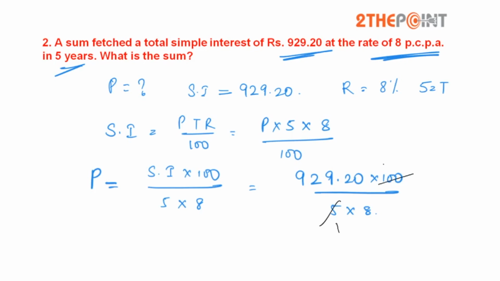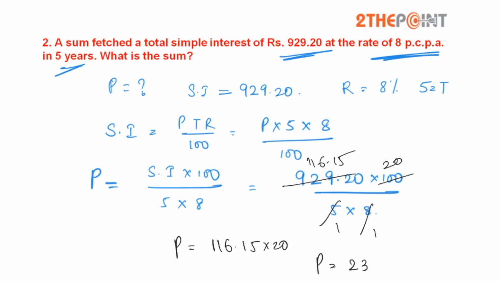We get principal is equals to 116.15 into 20, which is equals to 2323.00, which is the principal amount here.